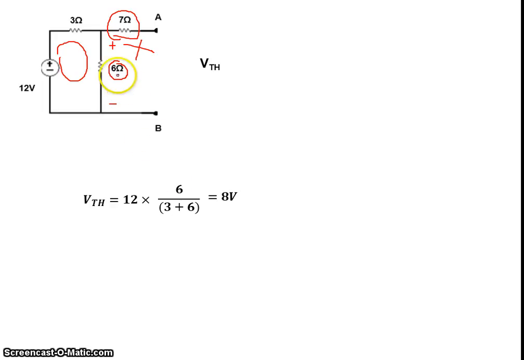So 8 volts is the voltage across the 6 ohm, which is exactly the same as the voltage across the terminal A and B. We have used here the voltage division rule so that we get the answer in one step. You can do the same calculation by first finding the current through the network and then multiplying with the concerned resistor. So here we calculated our first information, that is the value of VTH.